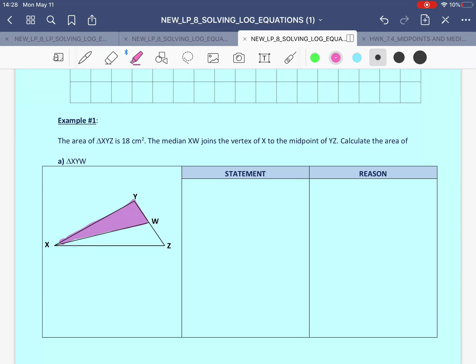Now, remember that the theorem about medians that concerns the area states that the area of the triangle created by the median will be 1/2 of the area of the bigger triangle. So, I'm going to say that the area of triangle XYW must equal 1/2 the area of the triangle XYZ. Why is that? That's theorem 1 about medians.